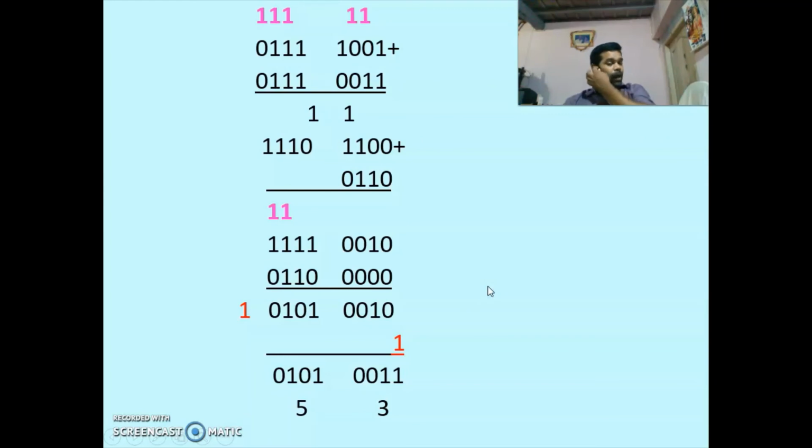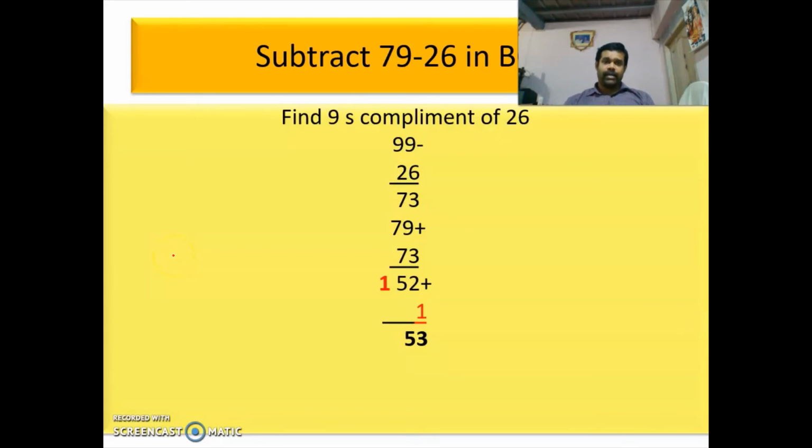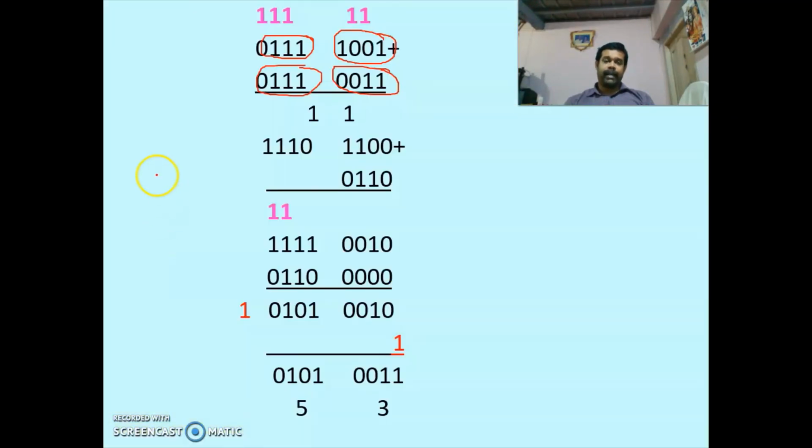So how we are doing is, first this is 79 and this is 73. So actually what we are doing is, we are subtracting 79 minus 26.